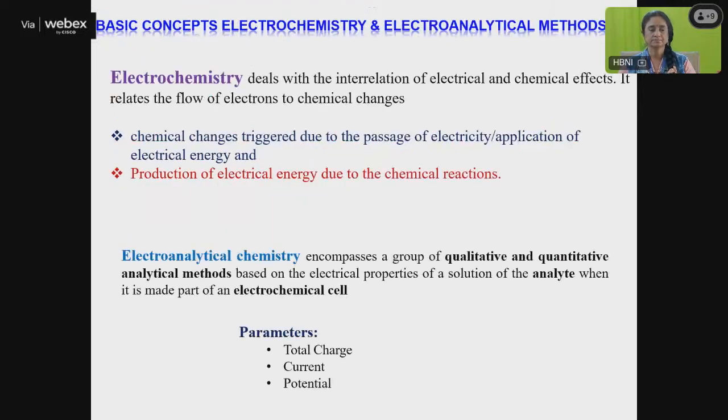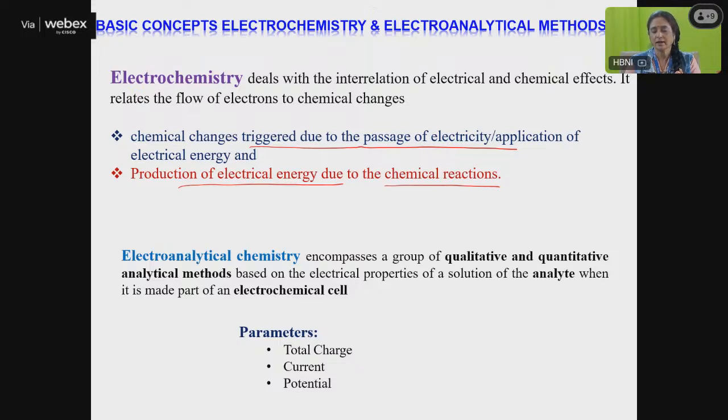Just have a look. In the basic concepts of electrochemistry and electroanalytical methods, electrochemistry deals with the interrelation of electrical and chemical effects. It relates the flow of electrons to chemical changes. You all know this. So there are chemical changes triggered due to the passage of electricity, and also production of electrical energy due to chemical reactions.